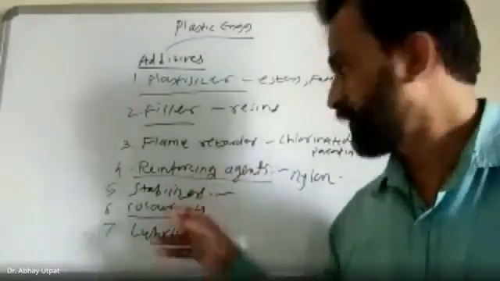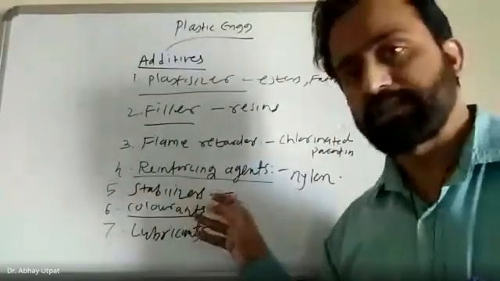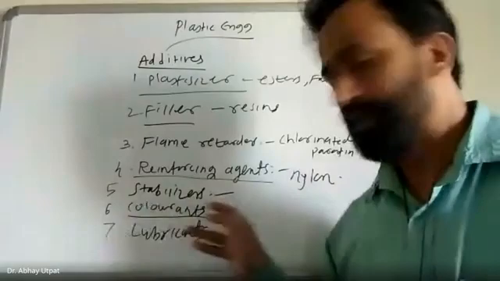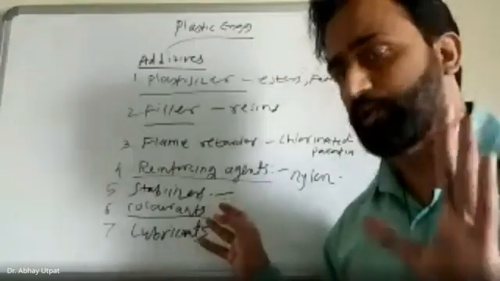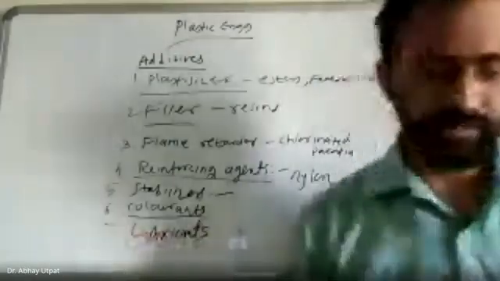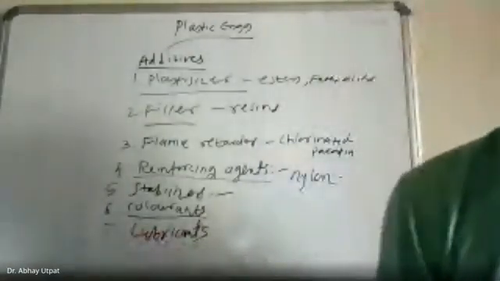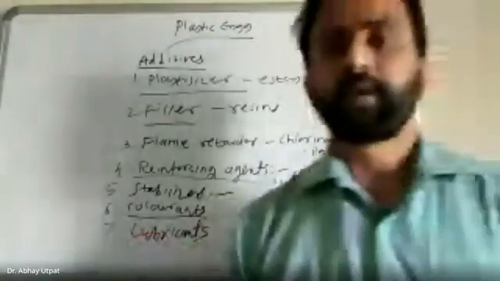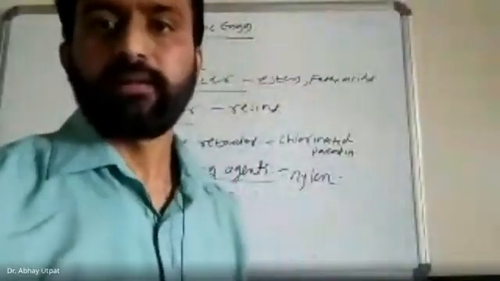Then stabilizers for increasing the stability, colorants for giving good color and aesthetic look, and lubricants for preventing the friction. These are called additives in the plastic. I hope you understand it. Okay? May I erase this? Somebody reply. Yes, sir. Okay.